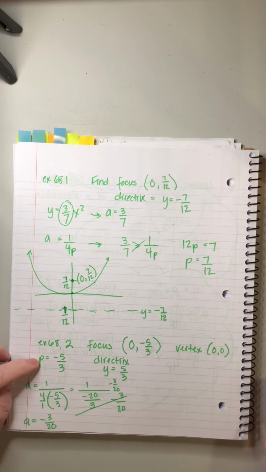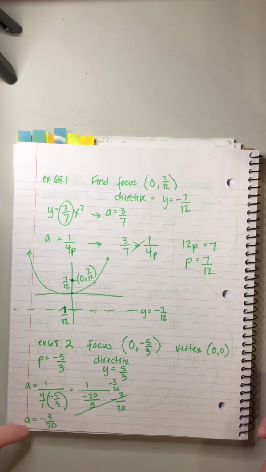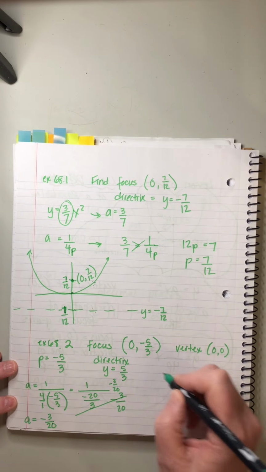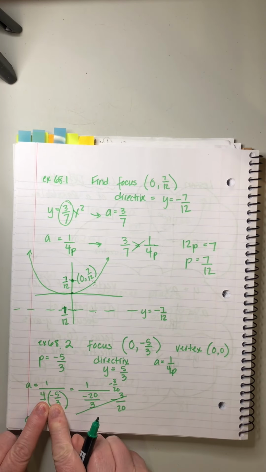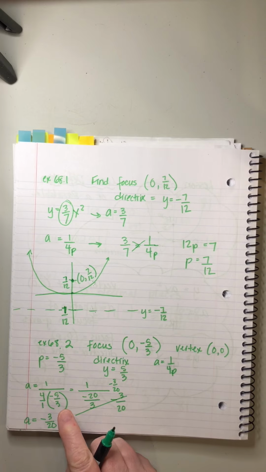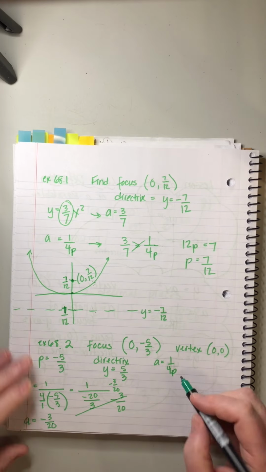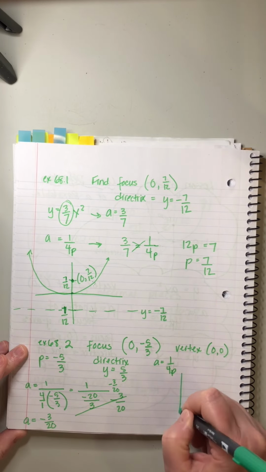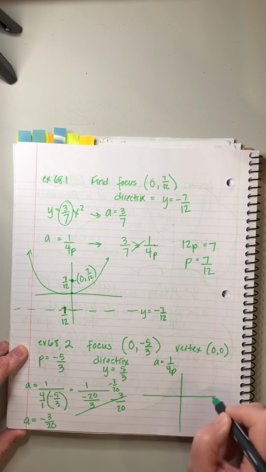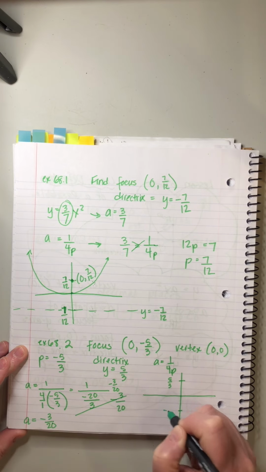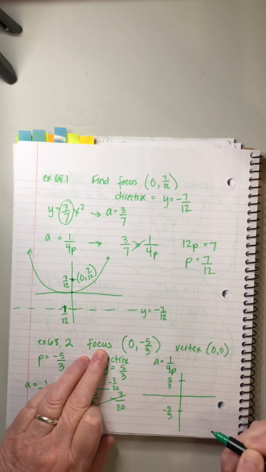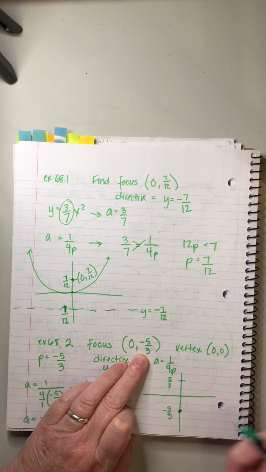Okay, we've got our focus and directrix, those were given to us. We used that to find p. We used p and this formula to calculate a. Let me write that formula again: a equals 1/4p. That's what we used right here. So I think we've got everything we need to draw the picture. Let's just plop this in. Let's do this as 5/3 and this as -5/3. Our focus is 0, -5/3.